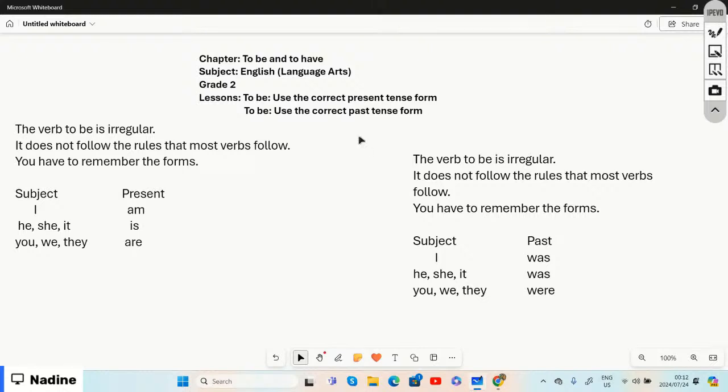All right. So now, if we also look at the subjects that are being used, as well as the present tense form that is being used.